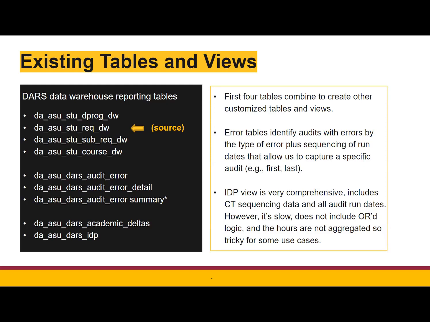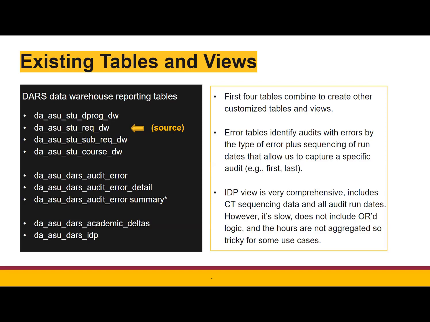We also had that deltas view that we're not using anymore because of the IDP view, but we also have the error tables, which again, I mentioned, identify errors by the type of error, plus their sequencing of the run dates that allows us to capture whether it's the first audit or the last audit, and that would be error-free audits.